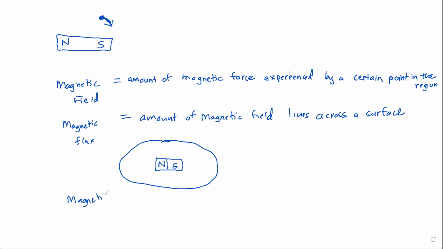Magnetic flux density is the total amount of magnetic field lines that go through a certain unit area. So the amount of magnetic field lines per unit area.